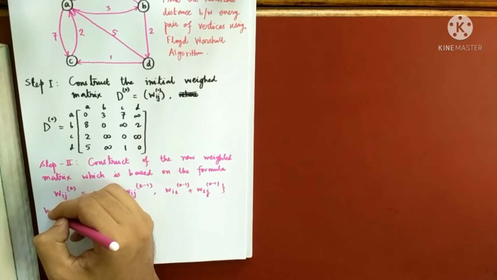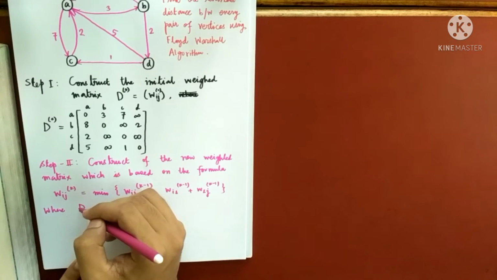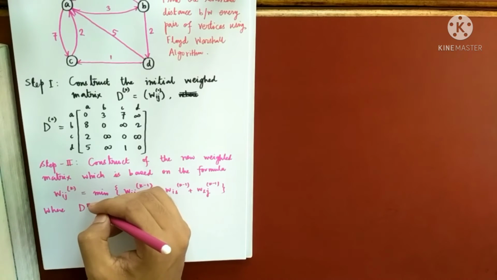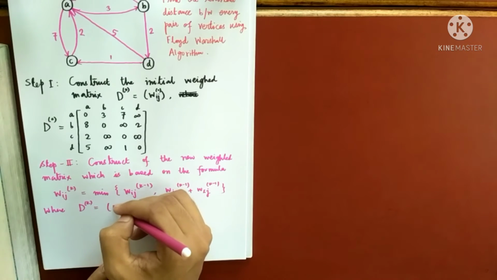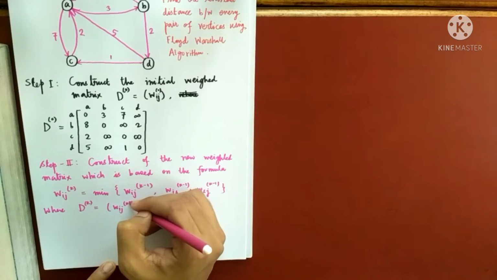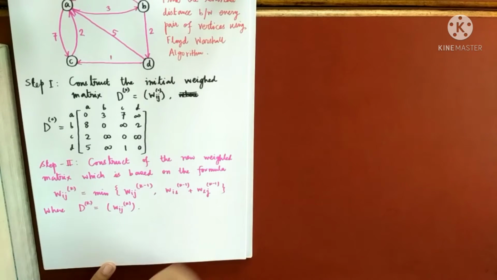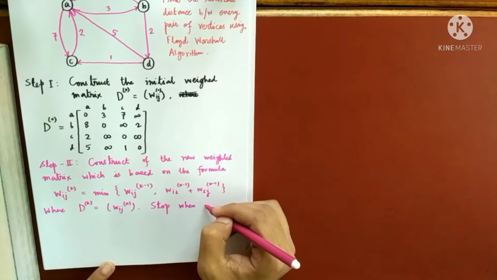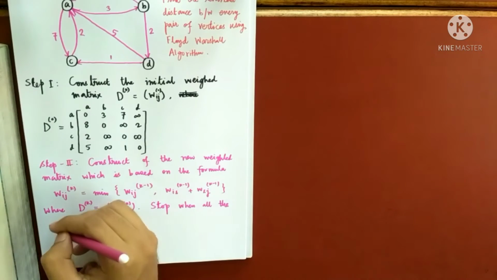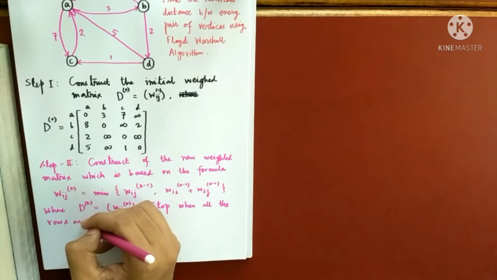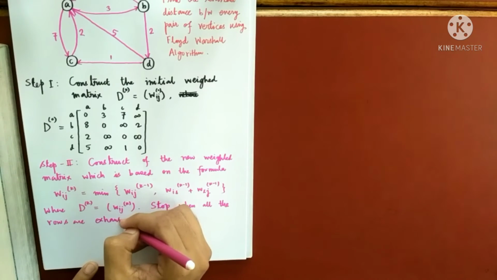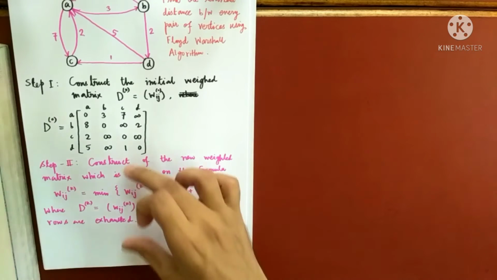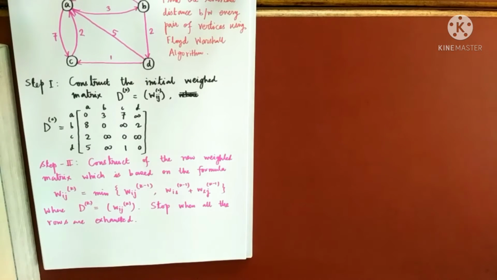Where Dk comprises of these weights. Stop when all the rows are exhausted. So don't worry what I have written here, I'll explain it to you one by one.